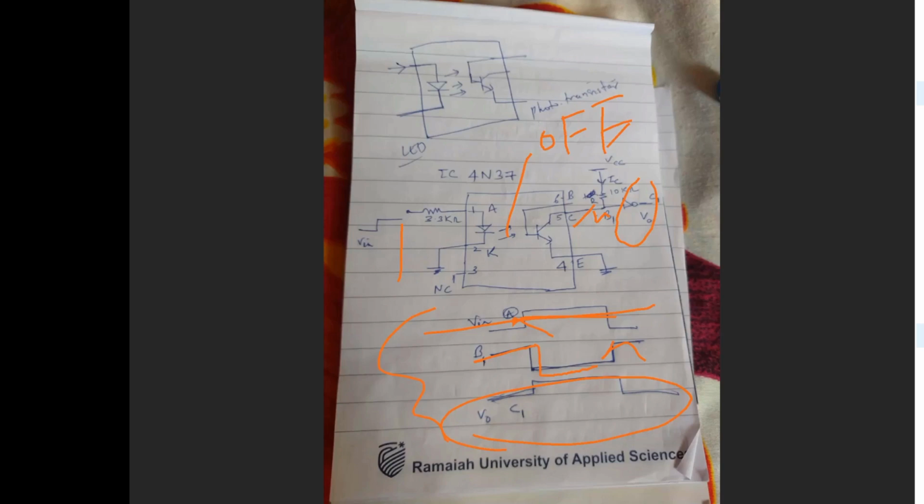Now if your LED gets higher current, it will get burned off, and the phototransistor and the further circuitry will not get burned.